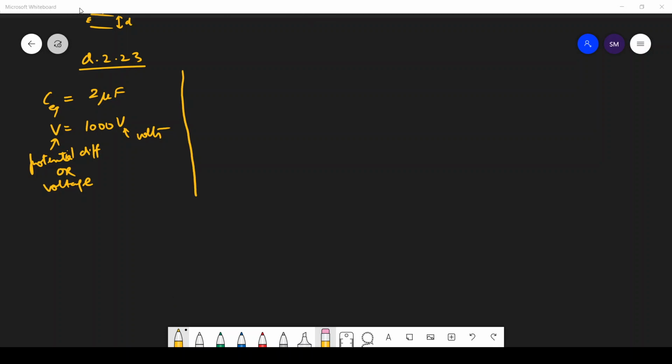We have to use them so that the equivalent capacitance is 2 microfarad.